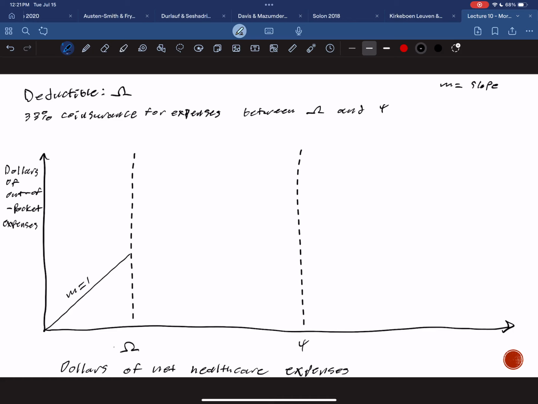So from 0 to omega, you're effectively uninsured. You pay full price. Then from omega to psi, you pay 33% of the price, so here we have a slope of 33 cents, where you pay 33 cents per dollar.